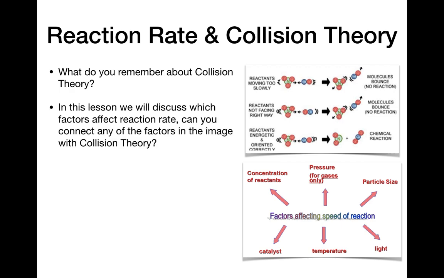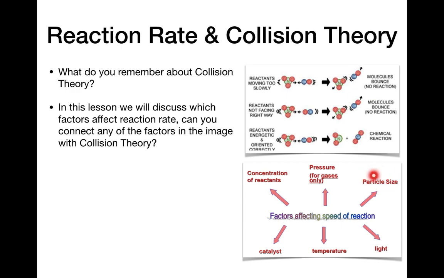So we're going to talk about reaction rate in this lesson. In this second image here, we're listing different factors. Can you connect any of those factors to collision theory? Well, if I have a higher concentration of reactants, I'm probably going to have more likelihood of having a collision. If I have increased pressure, it only works for gases. There's going to be less space between the particles of the gas, so increased chance of a collision.